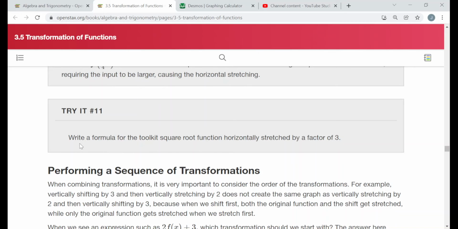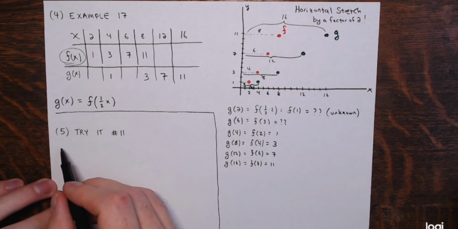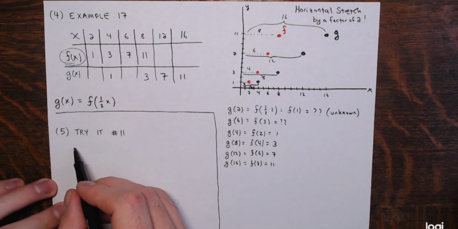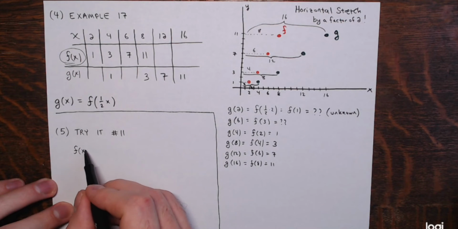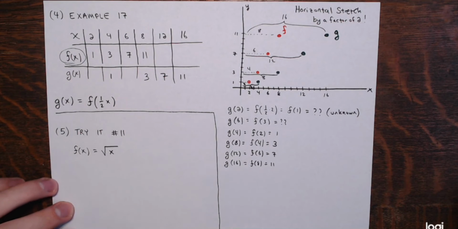Here they're asking us to write a formula for the toolkit square root function horizontally stretched by a factor of 3. Remember the toolkit square root function is f of x equals the square root of x. That's the basic square root function.